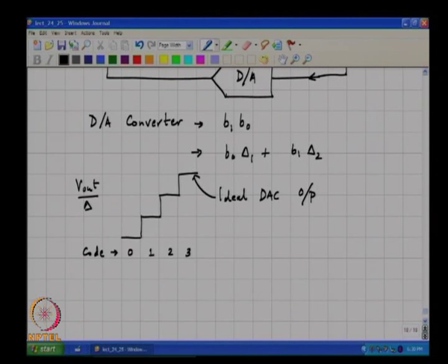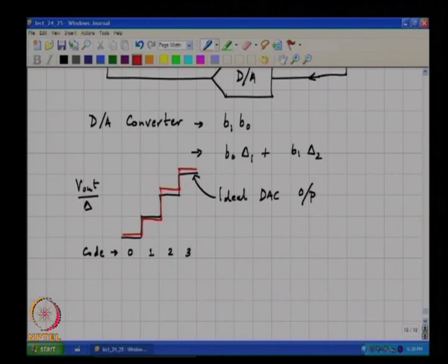What do you think will happen in practice? So, instead of this being ideal, these levels will be off. Please note that the x axis cannot change, that is only code, correct.